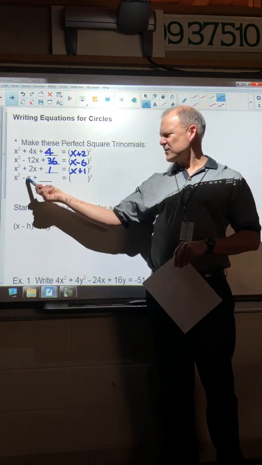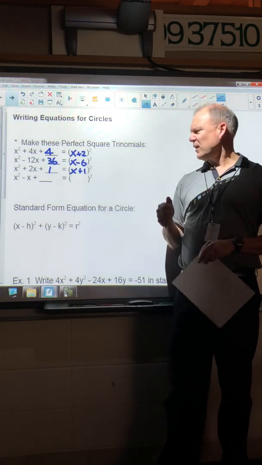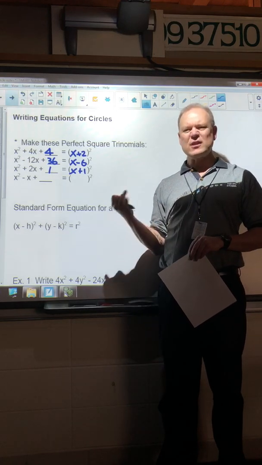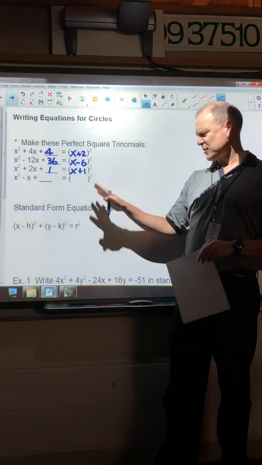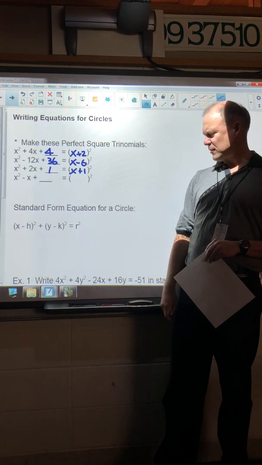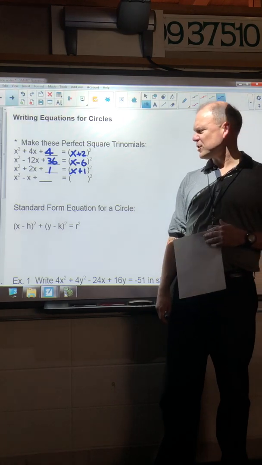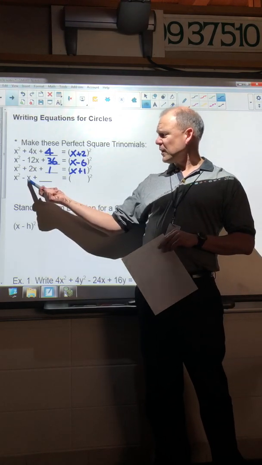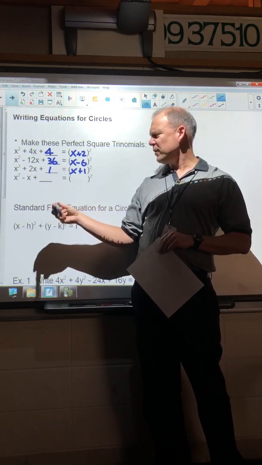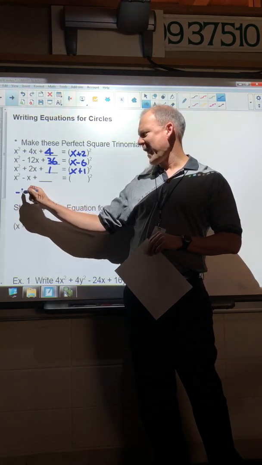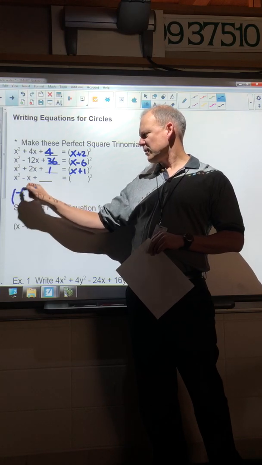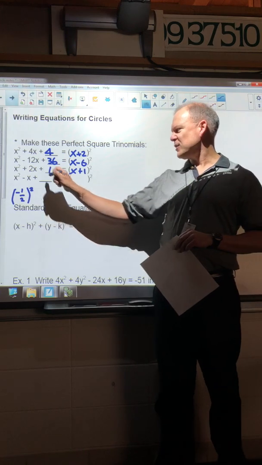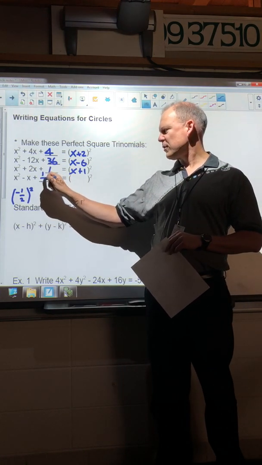The last one here does get into some fractions. And I strongly recommend fractions over decimals, especially when you get into the rest of the problems here. Stick with fractions. Okay, so half of -1 is -1/2. Square that, you get +1/4.